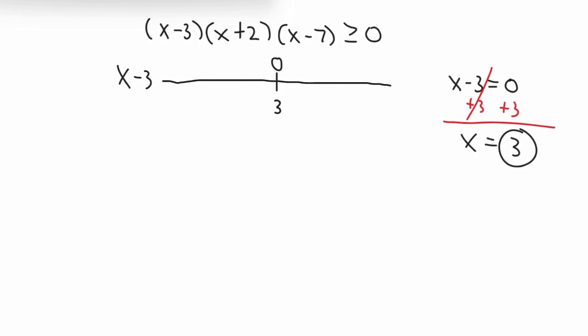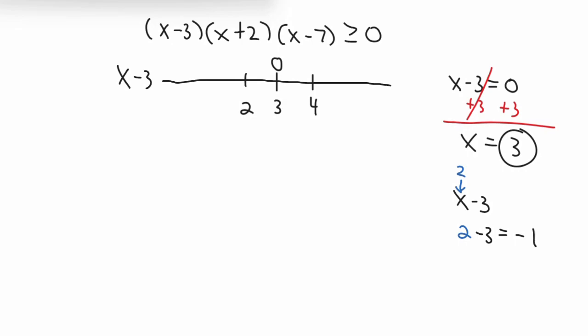Now what you want to do is find what the signs are going to be on either side of 3. So let's try 4, and we'll also try 2. We'll start with 2 first. In the expression x minus 3, we plug in 2 for x. You get 2 minus 3 equals negative 1.